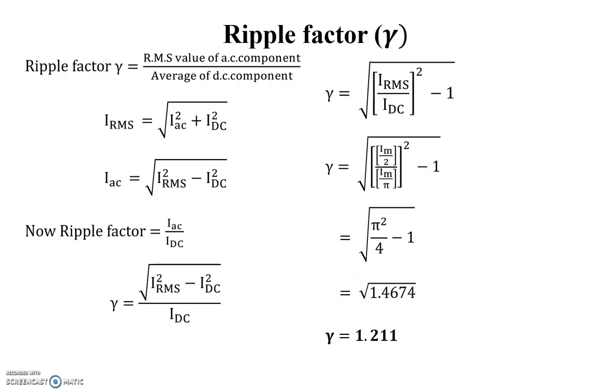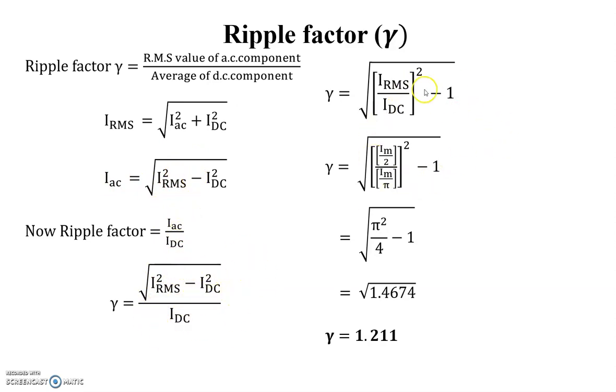Next, the ripple factor. Ripple factor is nothing but the ratio of RMS value of AC component to average value of DC component. So IRMS is equal to root of IAC square plus IDC square. So what is IAC? IAC is nothing but root of IRMS square minus IDC square. Now the ripple factor is IAC by IDC. You substitute this, replacing this one into this, and that will become like this.